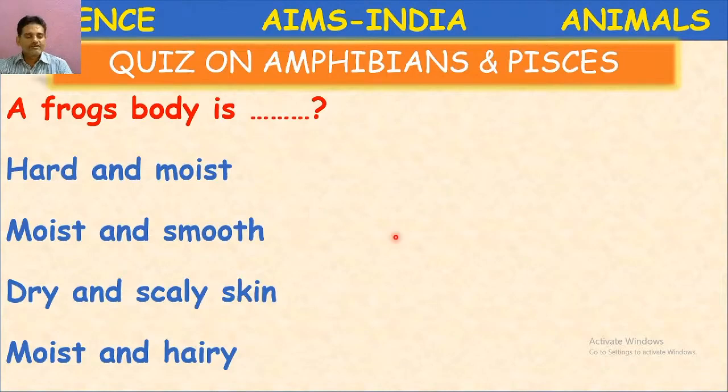Yes, it is moist and smooth. Moist and smooth, so that it can undergo the respiration. When it is in water, a frog respires through skin. To respire through skin, the skin must be moist and smooth.